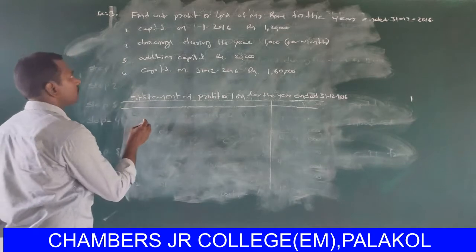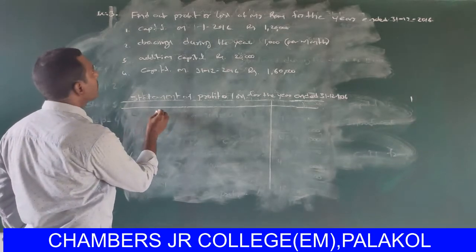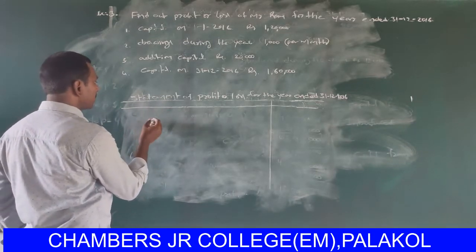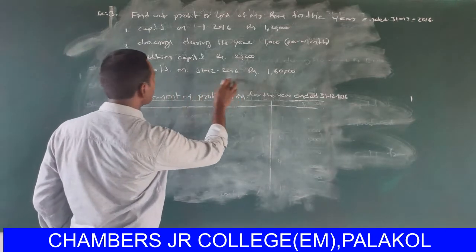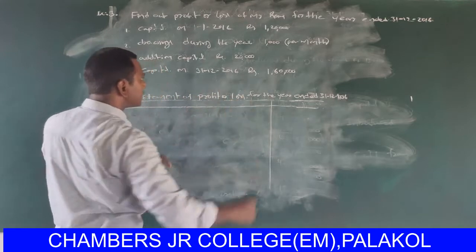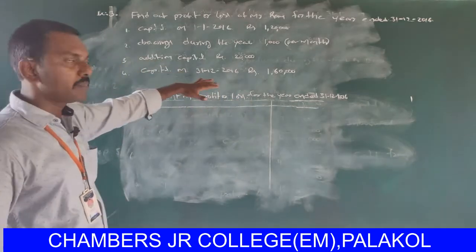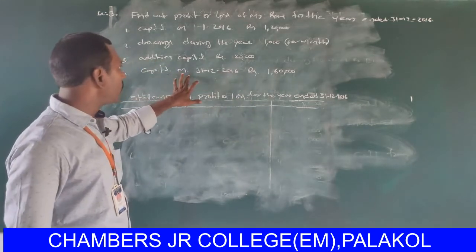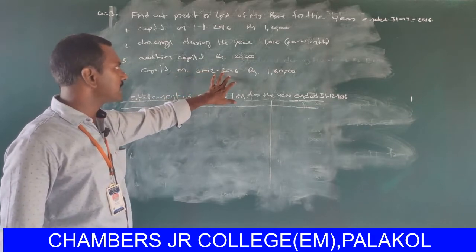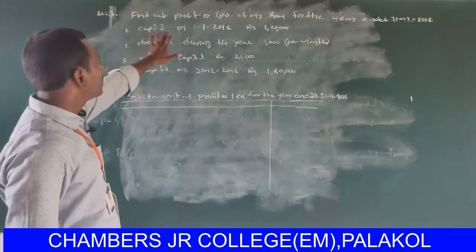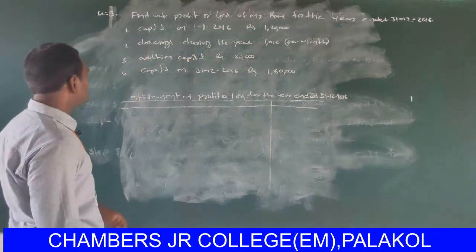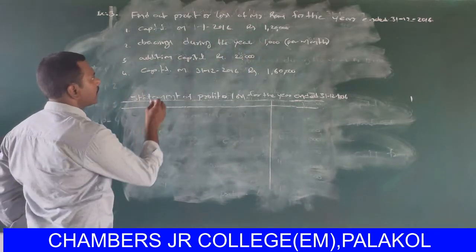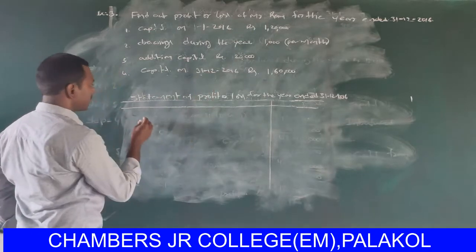Here we take first of all closing capital, or capital at the end of the year. Capital on 31st 12 2016 is the ending capital, and capital on 1/1 2016 is the opening capital. First you take closing capital.